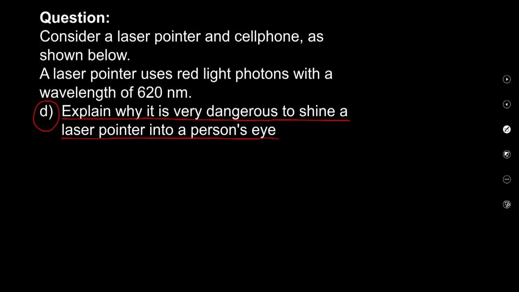What makes this particularly dangerous is not just that they're going to transfer energy to someone's eye, but also that a laser pointer produces a very narrow beam of light that is full of many, many photons, and so can easily damage the sensitive tissue at the back of someone's eye. So remember, don't ever point a laser pointer at anyone's eyes.